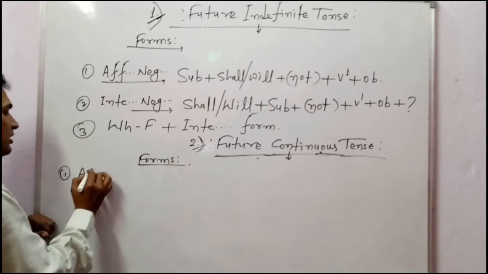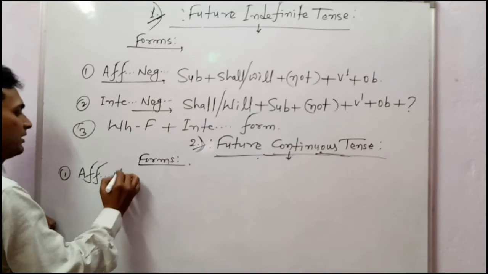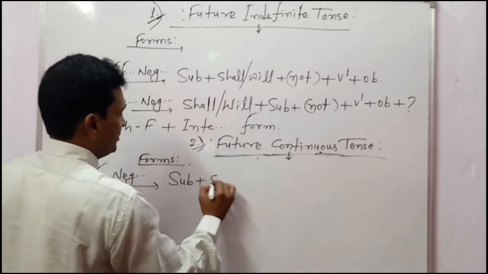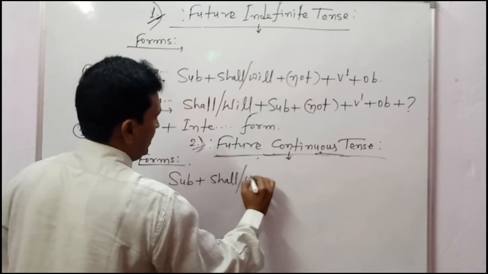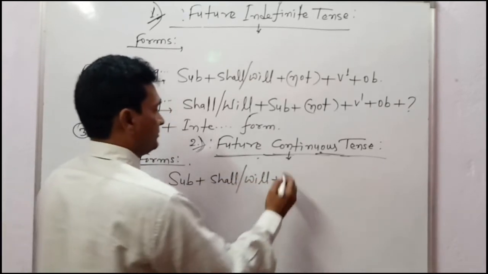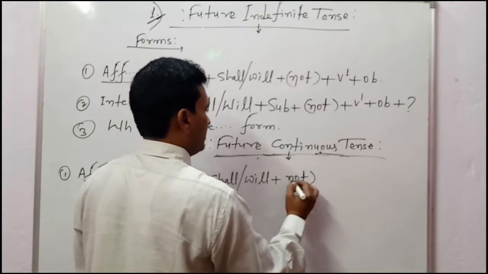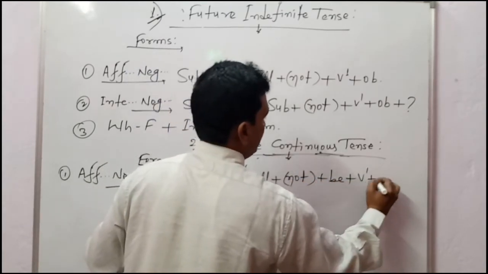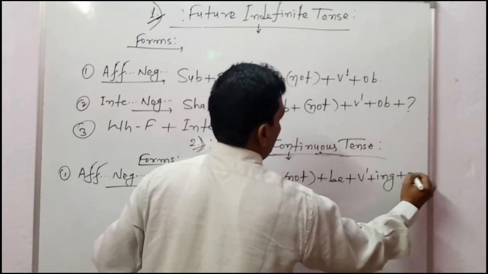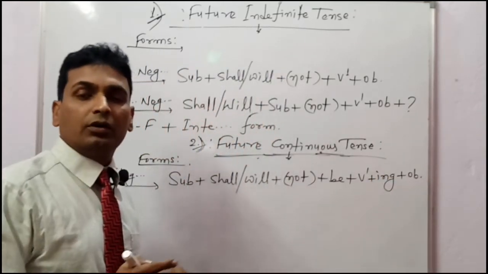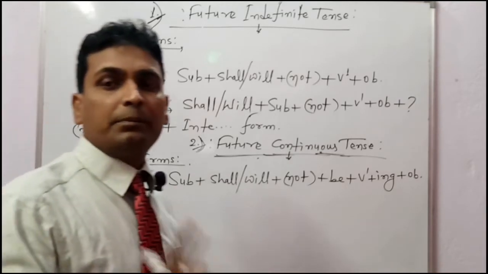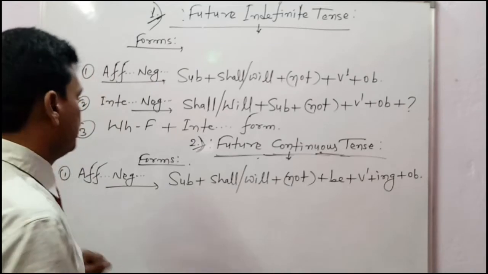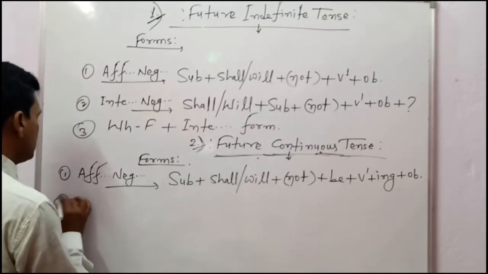Its first formula, affirmative and negative, is subject plus shall/will plus (not) plus be plus v1 plus ing plus object. In all the continuous tenses, whether present, past or future, you have to go with v1 plus ing, right?